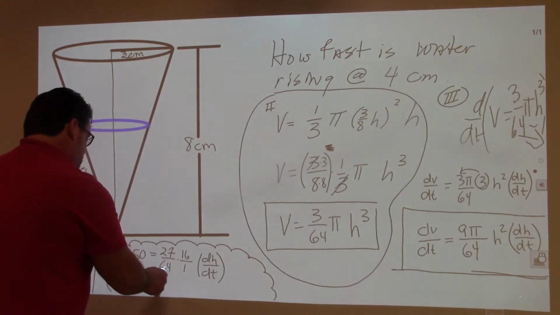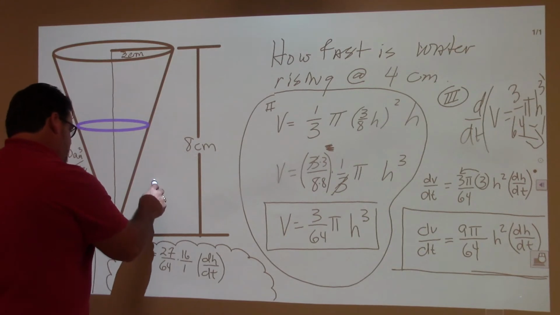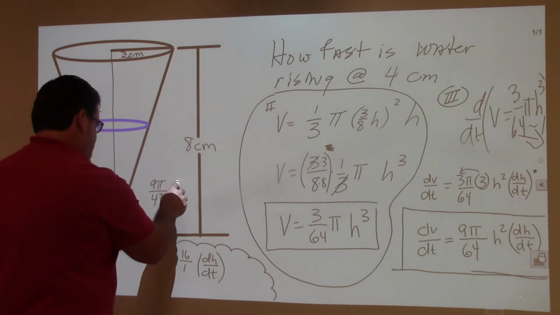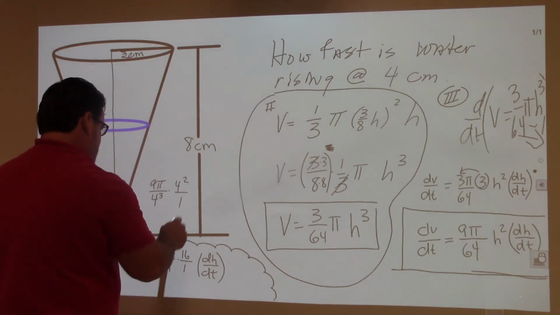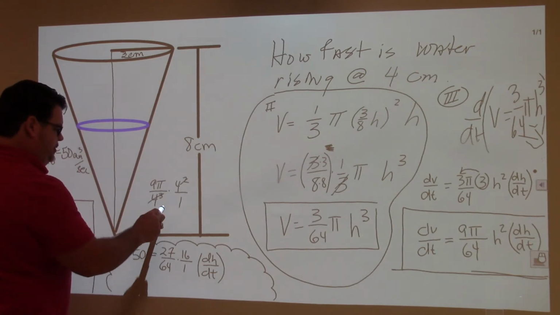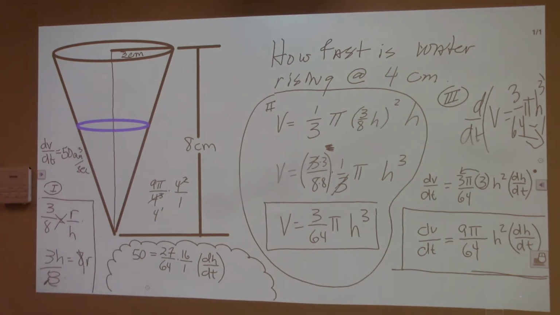Well, this is 4 to the what? 4 to the third, right? So that'd be 3, 9 pi over 4 to the third times 4 to the second over 1. And that knocks this out to 4 to the first. So 9 pi over 4.